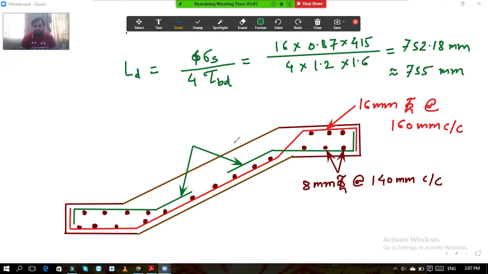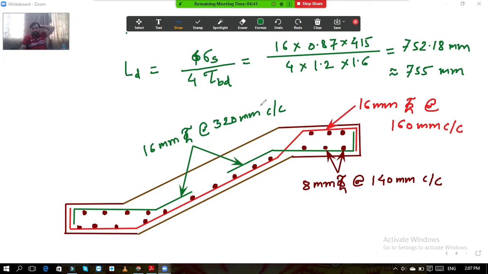Half area means we need to double the spacing. So these are the 16 mm diameter bars. If the main steel spacing is 160, then this will be 320 mm center to center.